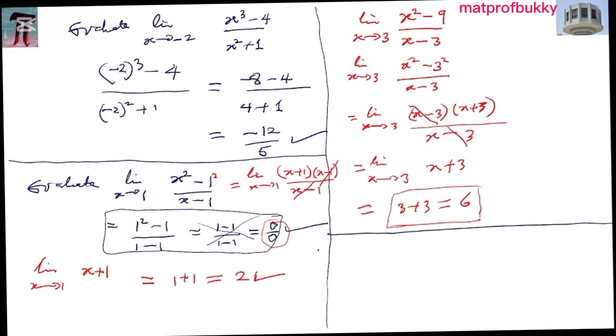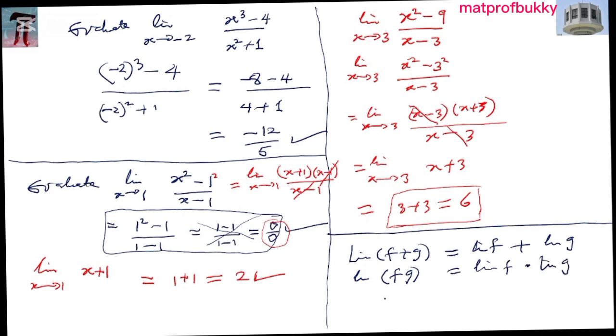Some limits of other functions may require more technicalities, and I'll give such examples in the next video. But note that the limit of a sum of functions is the same thing as the limit of f plus the limit of g. Then the limit of the product of f and g is the same as the product of their limits, limit of f times limit of g.